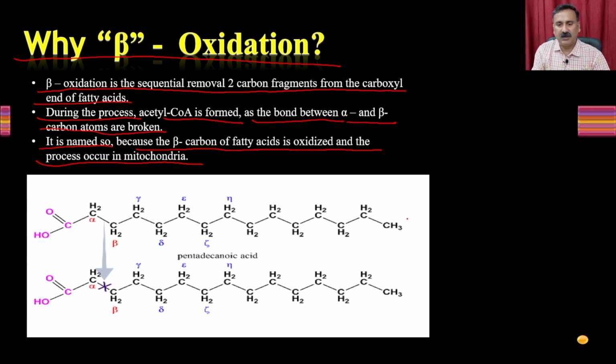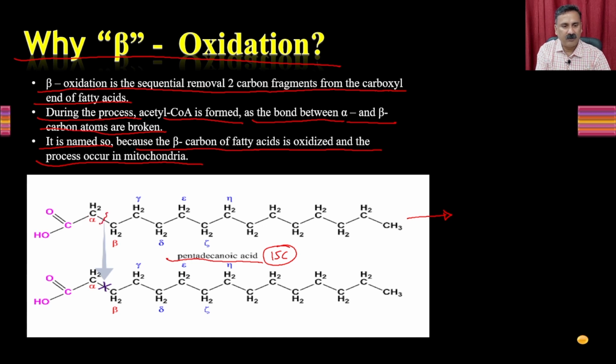So this is what you are going to see. This is a lipid molecule or fatty acid, which is called pentadecanoic acid. Pentadecanoic acid means it has a 15 carbon fatty acid, and you see, this is the bond between the alpha carbon and the beta carbon.